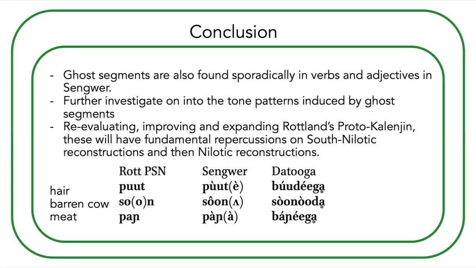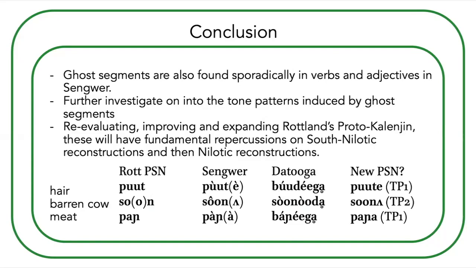And in Datoga, we get a long vowel, which suggests that in their primary form, they have a final vowel again. The stem has a final vowel. So the more accurate reconstructions would be something like this, where these nouns have their final vowel.